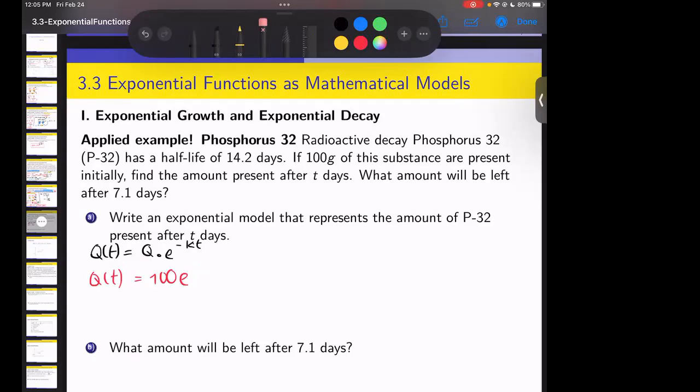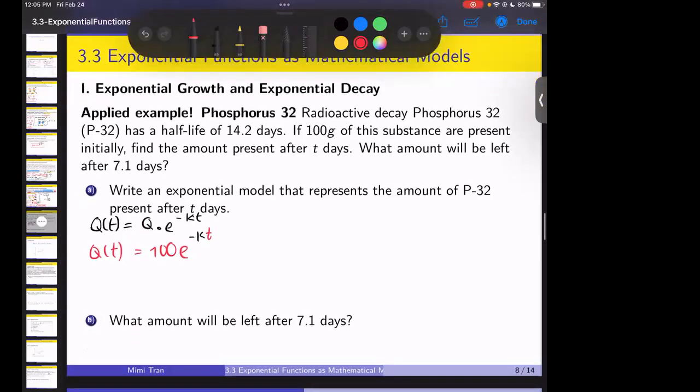Let me use negative K in all. It's a function of t, kind of like a function of x. So now I need to find K, or rather negative K, right?